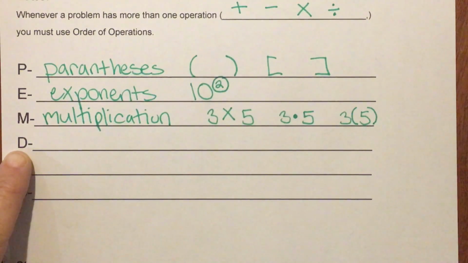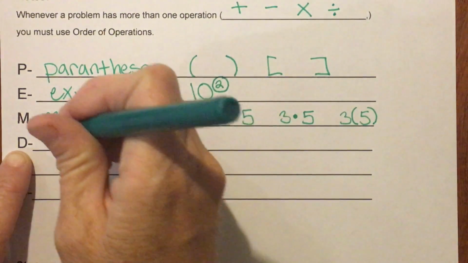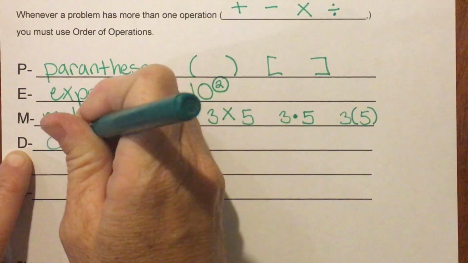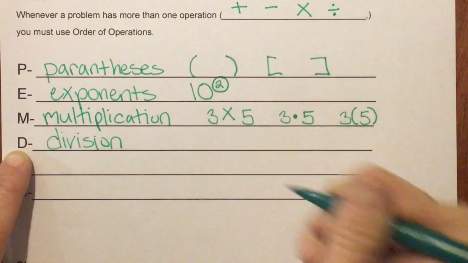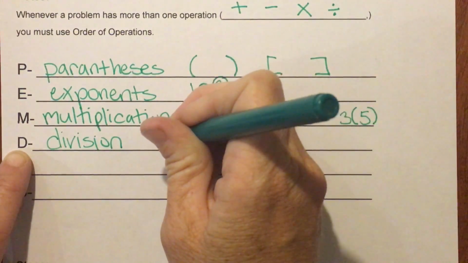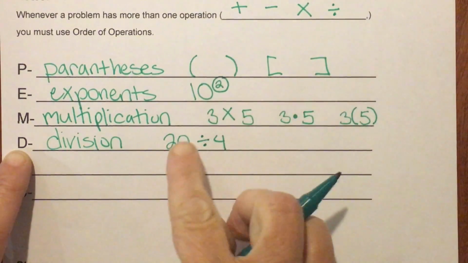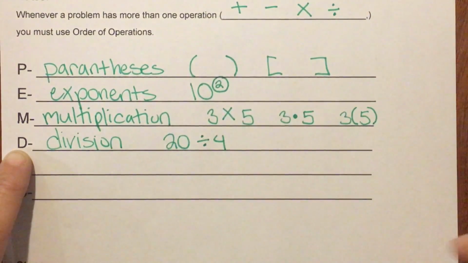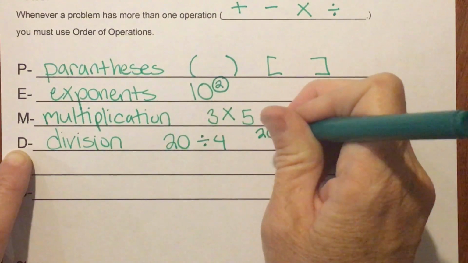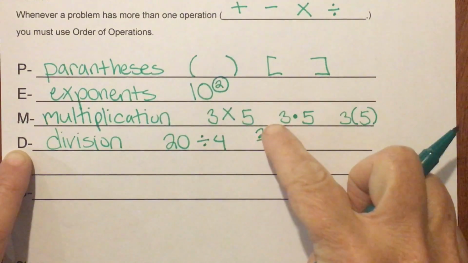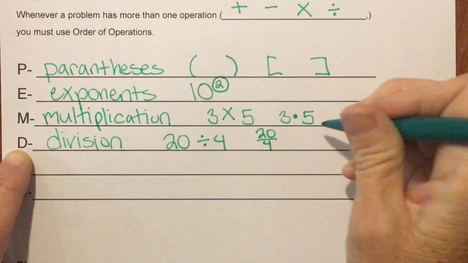Okay, the D stands for division. Division usually looks like this, 20 divided by 4. It could also look like a fraction, 20 divided by 4.